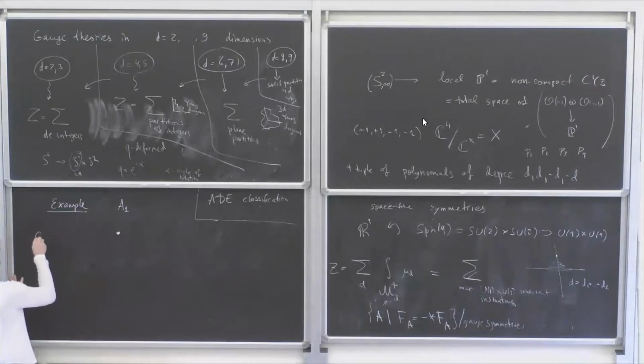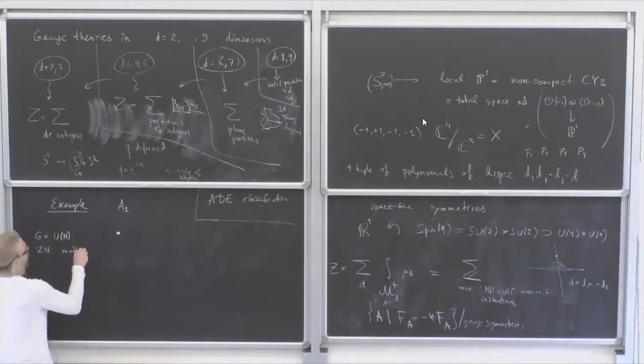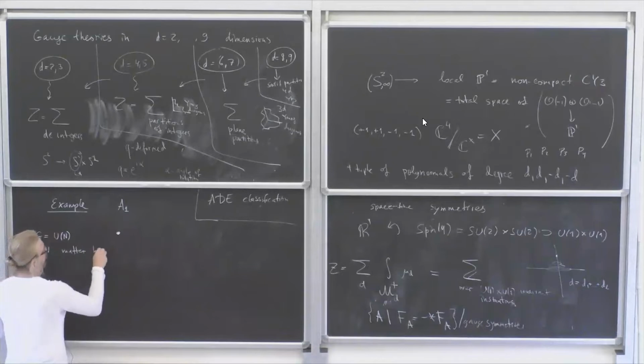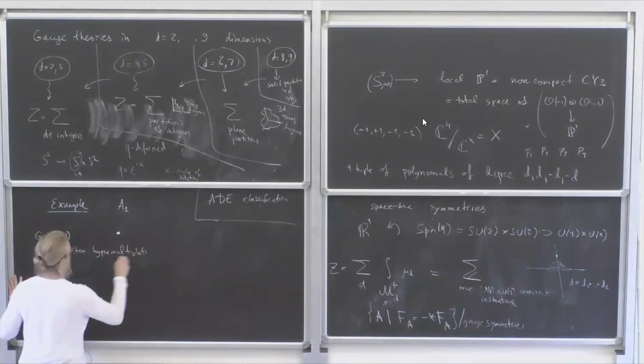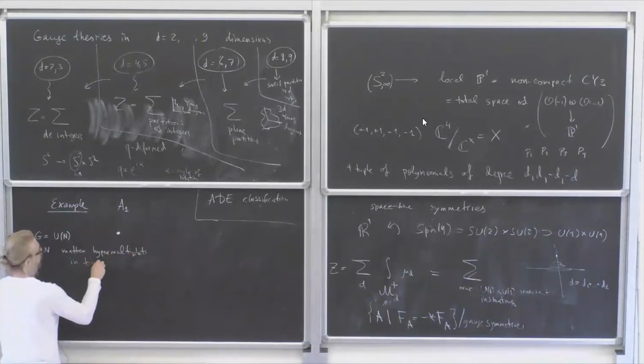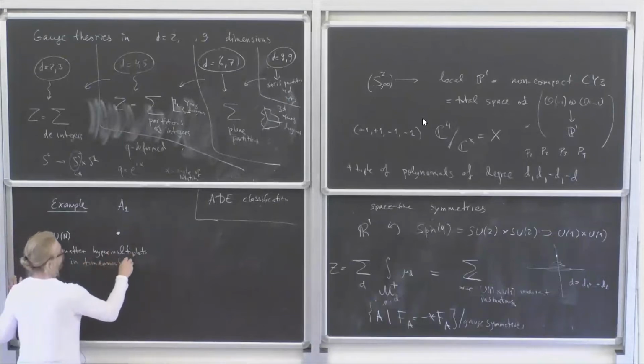and in more physics language, this is the gauge theory with the gauge group UN, and it has 2N matter hypermultiplets in the fundamental representation.